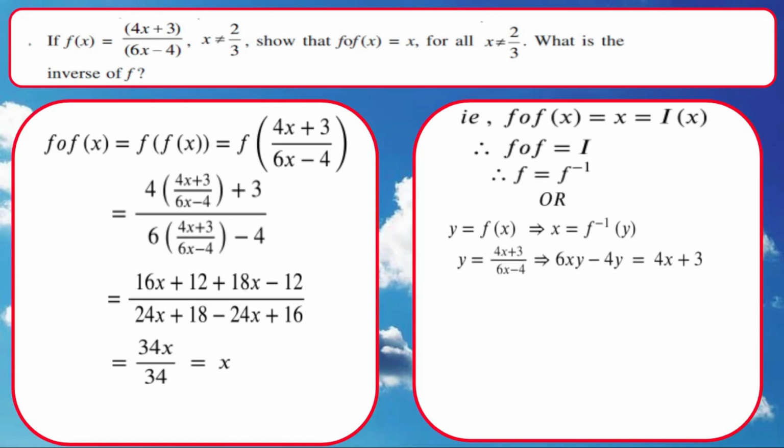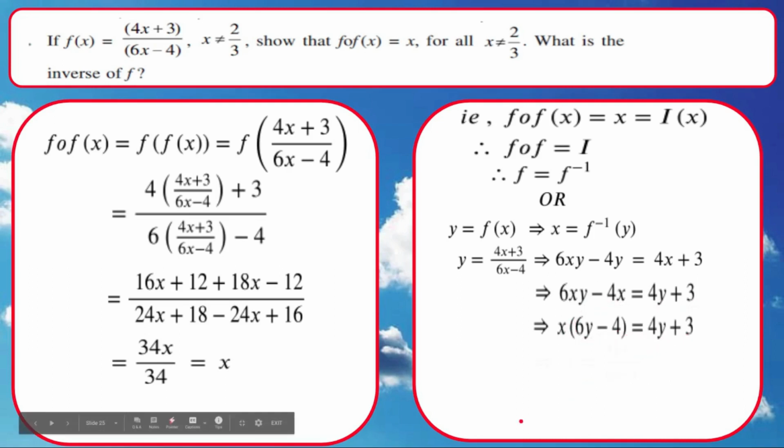Okay. Otherwise, we can do it like this. y equal to f of x, then x equal to f inverse of y. That is all we do. y equal to 4x plus 3 by 6x minus 4, then 6xy minus 4y equal to 4x plus 3. Simplifying, 6xy minus 4x equal to 4y plus 3, and you take x as a common factor, x into 6y minus 4 equal to 4y plus 3, then x equal to 4y plus 3 by 6y minus 4.